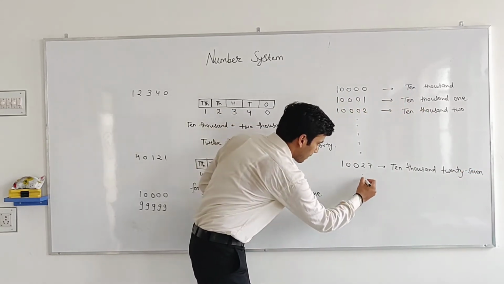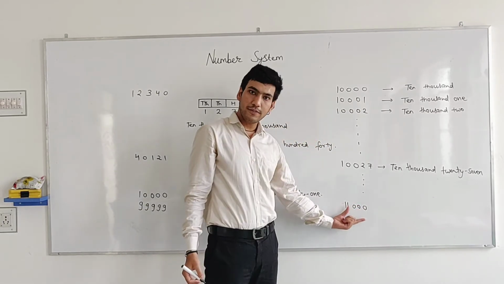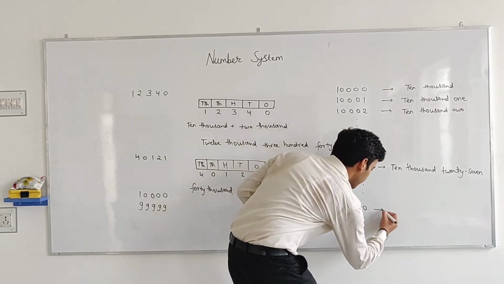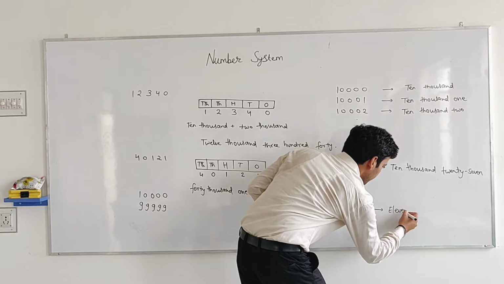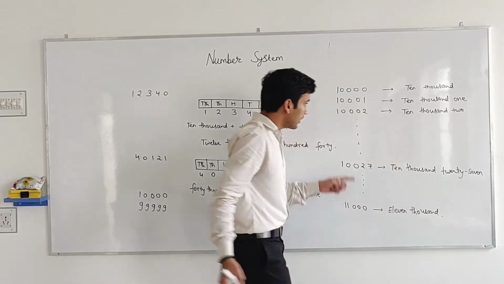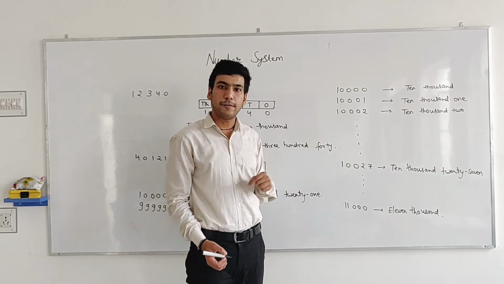Next, this is also a 5-digit number, and what is this? This is 11,000. Now in this way, you are able to write the number name of any 5-digit number.